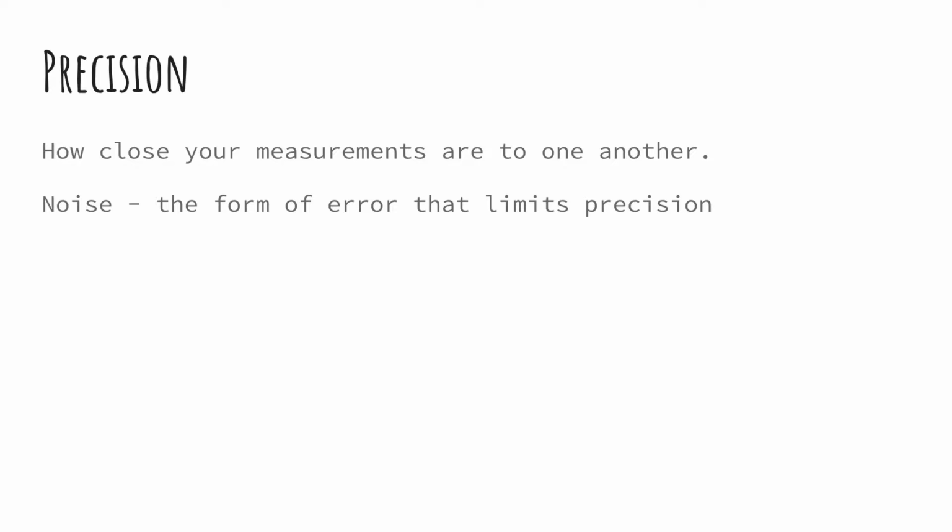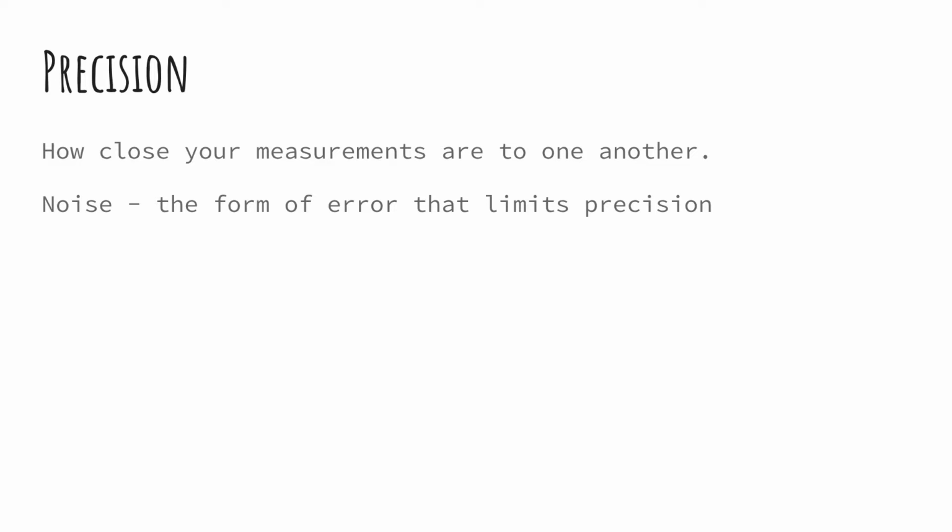Another way to deal with noise is just to take lots and lots of measurements. Because the noise is random, it'll be all over the place, and you can average it out. That's how you get your signal to noise. So, what you're trying to do is trying to decrease the amount of noise and increase the amount of signal, so that you get a good signal-to-noise ratio, as they call it.